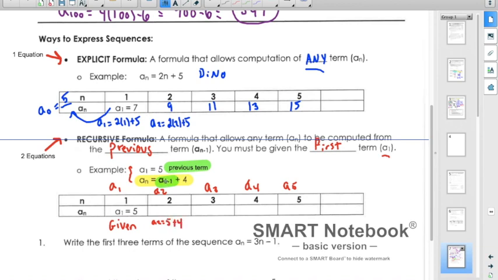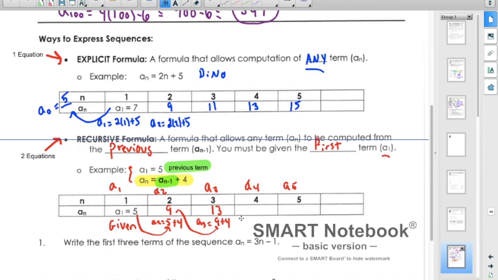Because a sub n minus 1 is my previous term, which was 5, and I'm adding 4 to it, which is 9. For a sub 3, I'm taking the previous term, which I found to be 9, right? And I'm adding 4 to it, which is 13.